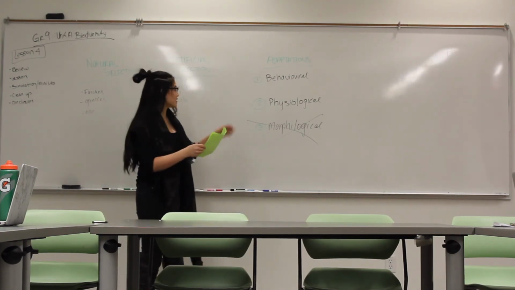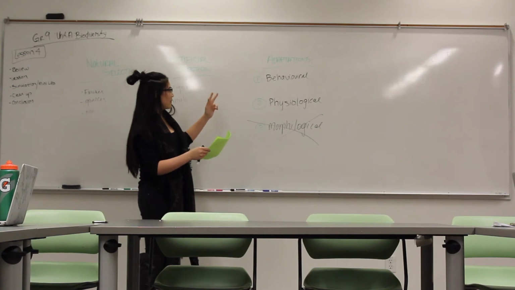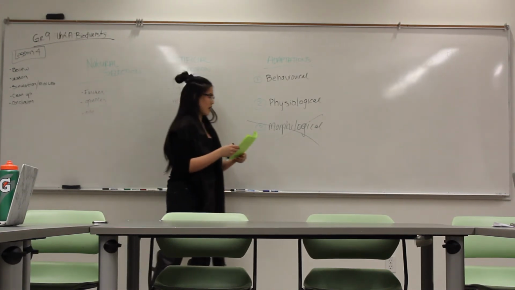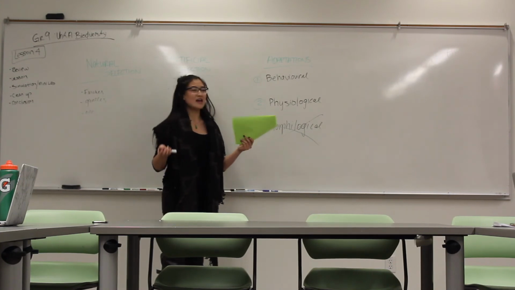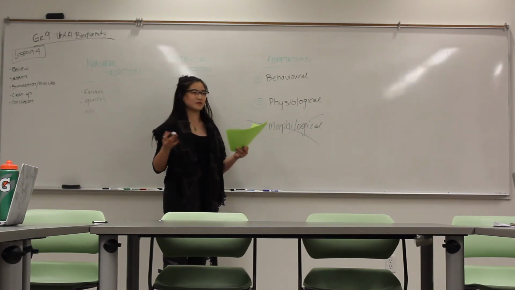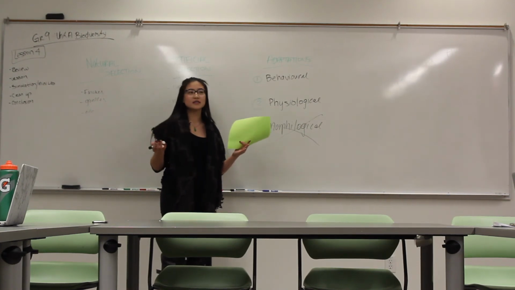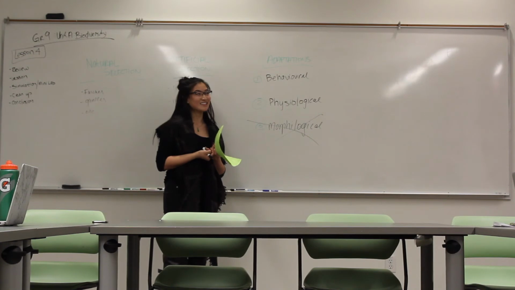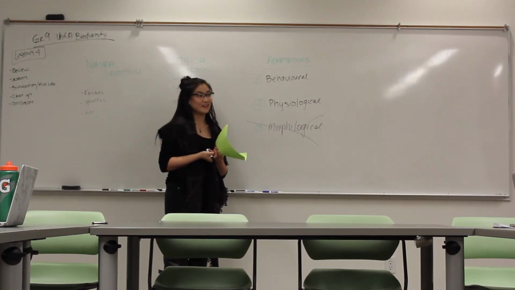So all these adaptations benefit the organism. What do you think could happen if a species is unable to adapt to their environment or their habitat? Yes. Through natural selection, they might be pushed out or die out. Exactly.